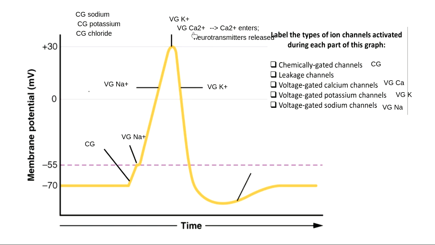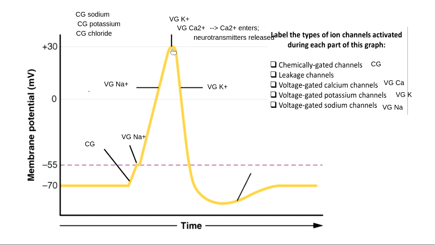The purpose of moving my calcium into the neuron has nothing to do with what I'm doing with its charge. It only has to do with the fact that when calcium comes in, my neurotransmitters get spit out. So voltage-gated calcium channels open up here. That's going to allow me to spit out my neurotransmitters.